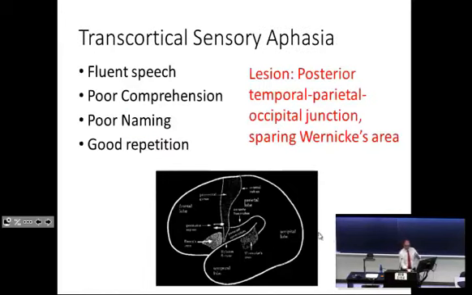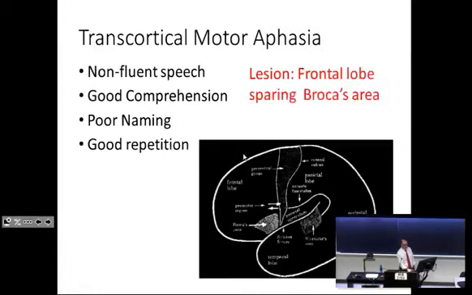The transcortical sensory is a posterior lesion in the temporoparietal occipital, in and around here. They have fluent speech, poor comprehension, poor naming, and good repetition. The transcortical motors have a lesion in the frontal region, sparing Broca's area.